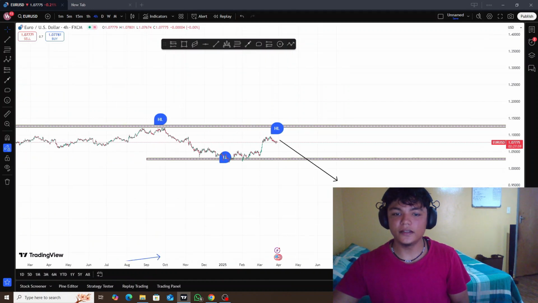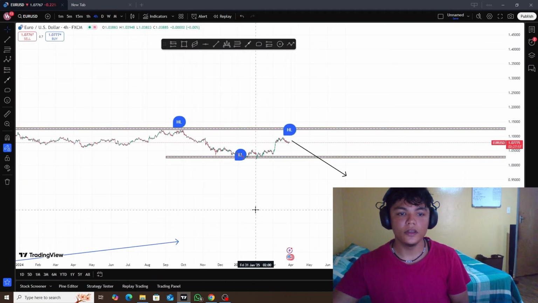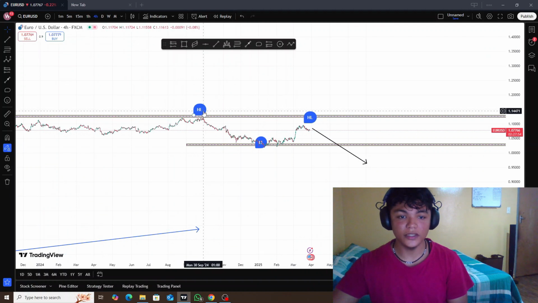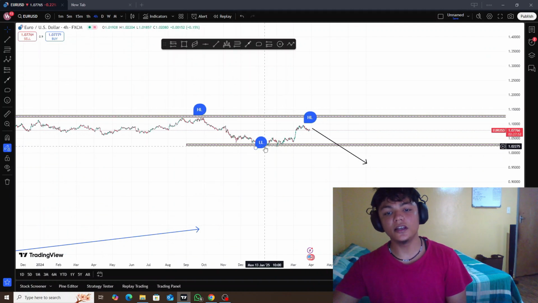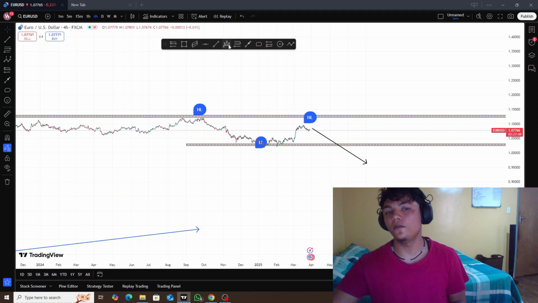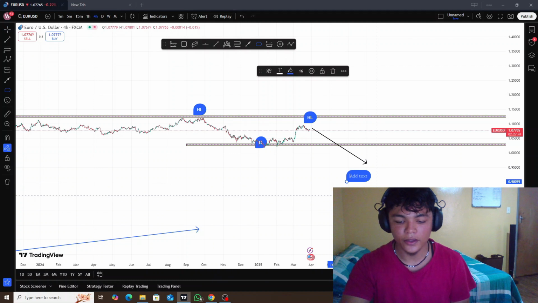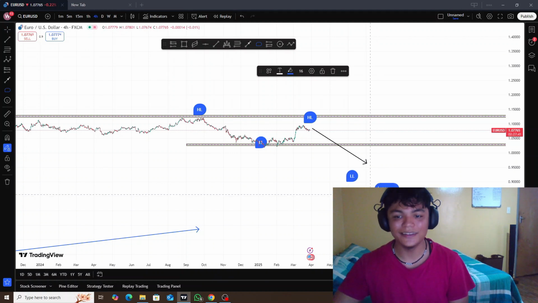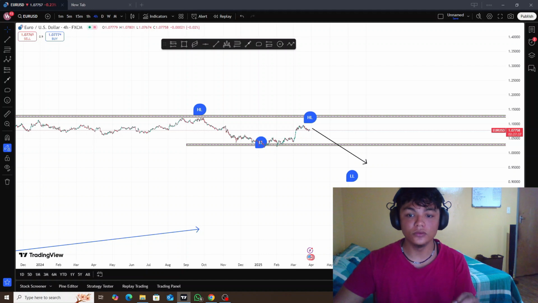So now after that, what happens? We know the market is done with the higher low. It created the lower low. It's done with the higher low. Up next, of course, we do have a lower low that needs to be created somewhere. We don't know where that is, but the lower low needs to be created because this is a downtrend.